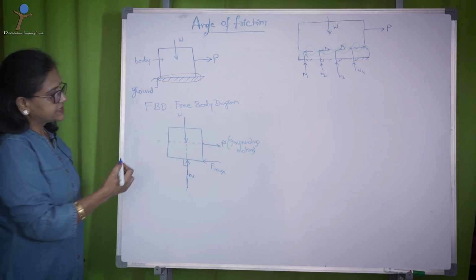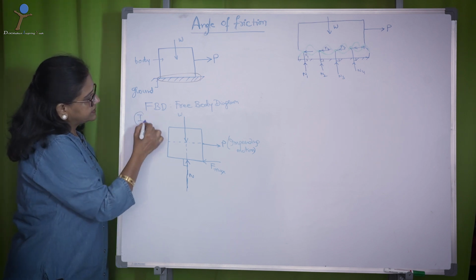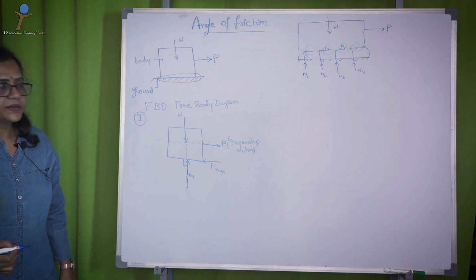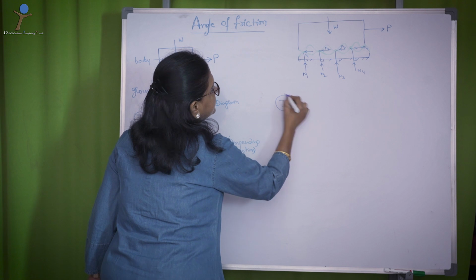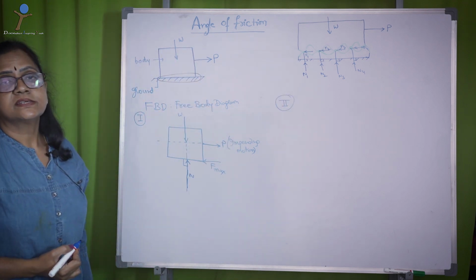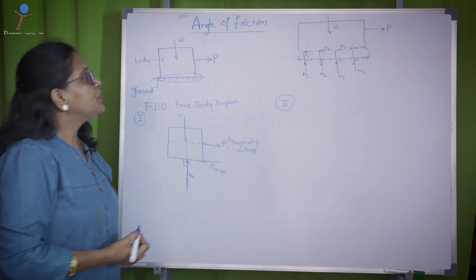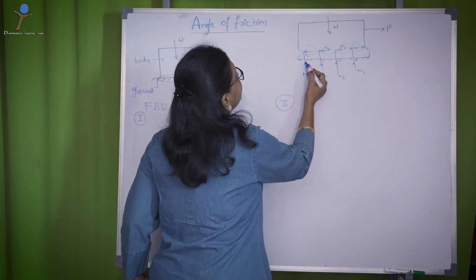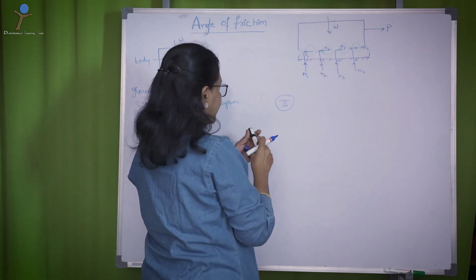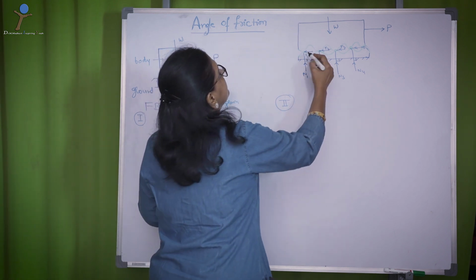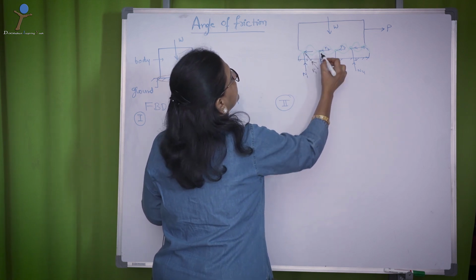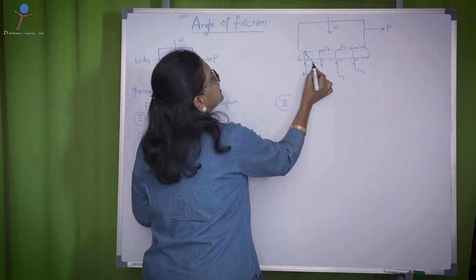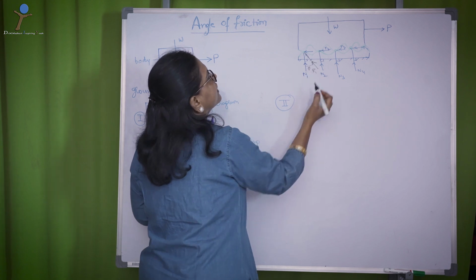Next, this is one representation. There is another way of representing the same system, that is with resultant force. Now, you can replace F1 and N1 with a resultant force R1, which is at an angle of phi 1.